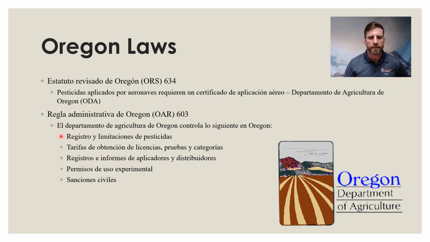So in addition to the United States Environmental Protection Agency, the ODA also adds additional information or restrictions or requirements to pesticide registration and limitation. The Oregon Department of Agriculture establishes and organizes fees for licensing, testing, and the various categories associated with pesticide applicator licensing.